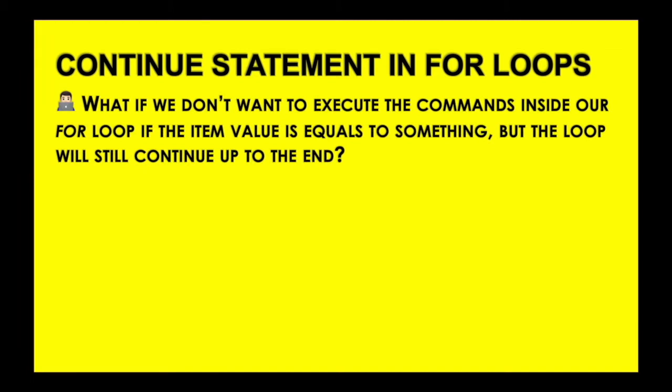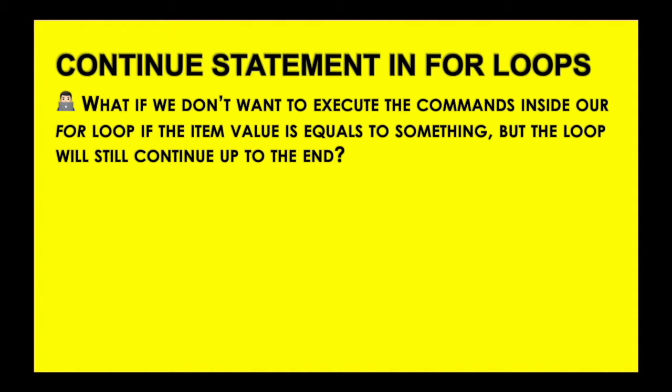So what if we don't want to execute the commands inside our for loop if the item value is equal to something, but the loop will still continue up to the end? Again, just like what I said in our intro, this is somehow the contrary of the break statement. Just a recap: with break statements, if a certain condition is met by the for loop, the looping will stop.